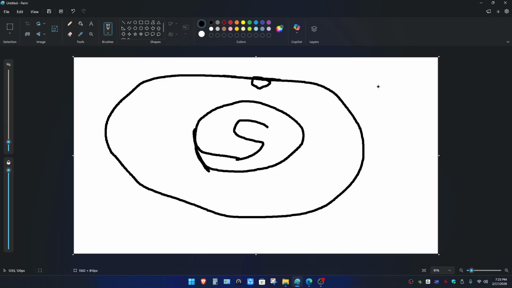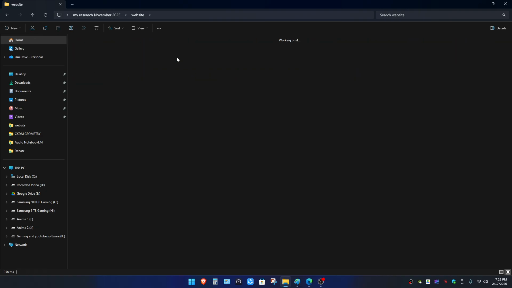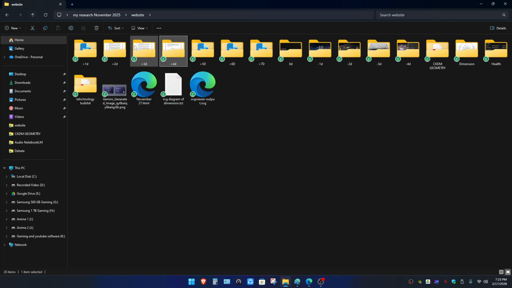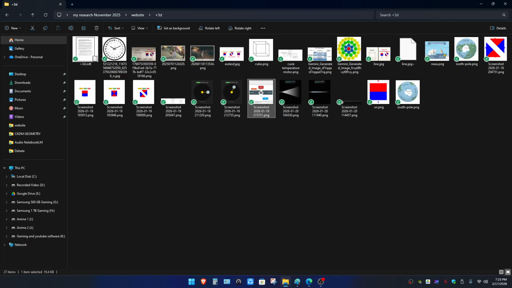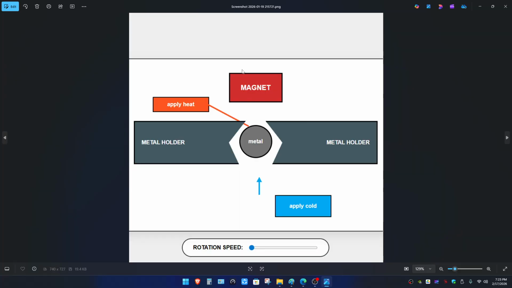like the Curie motor effect, which I created, it is basically this one, where there is a strong magnet on the top and there is a metal holder, and this is the metal, a round metal, and I apply cold to the bottom and heat on the top. Eventually what will happen is, if my hypothesis is correct, this metal will start moving.